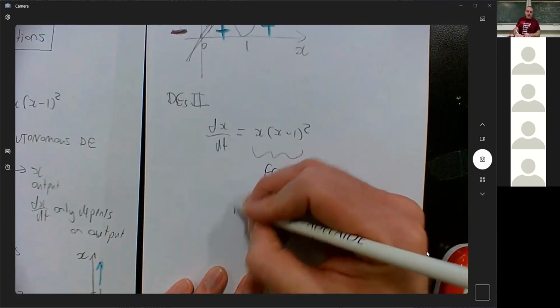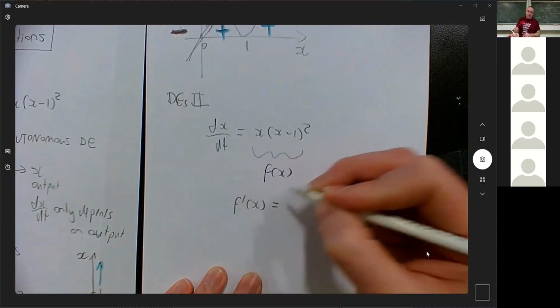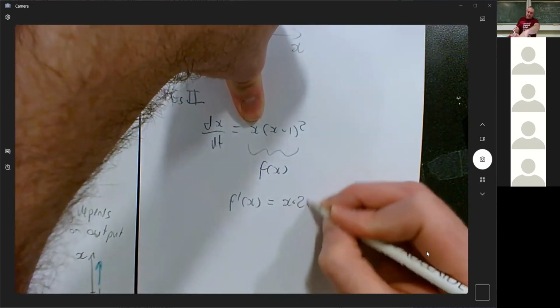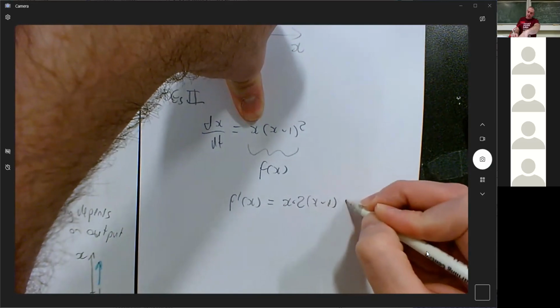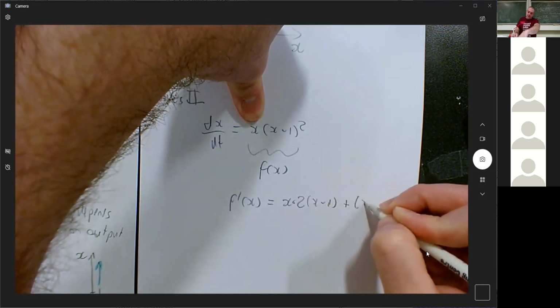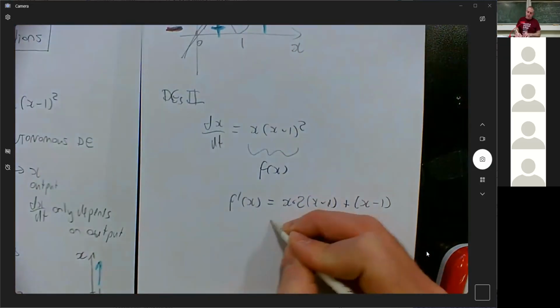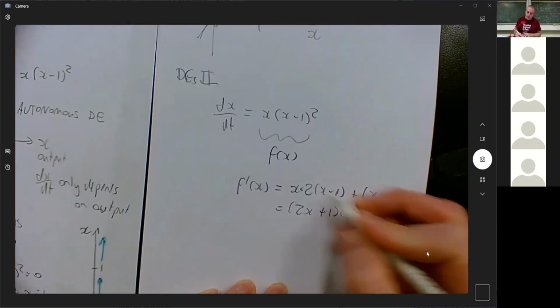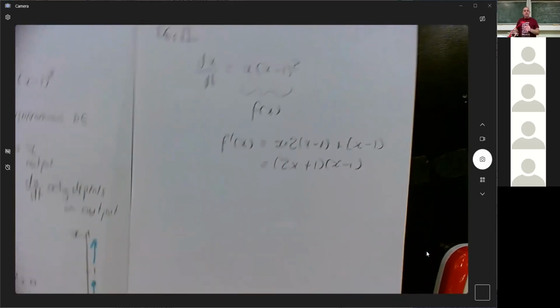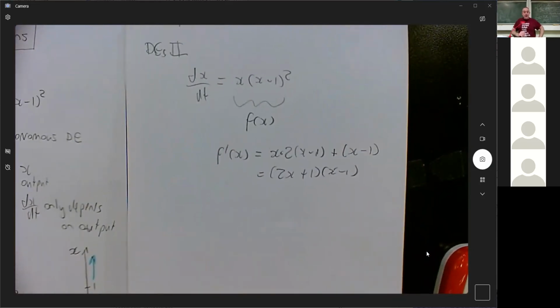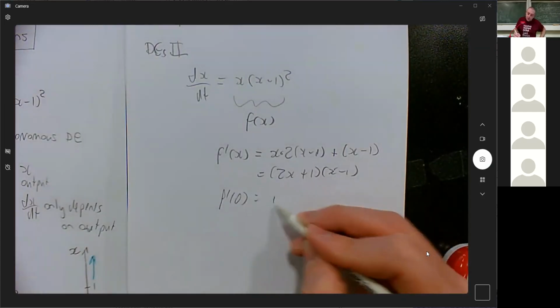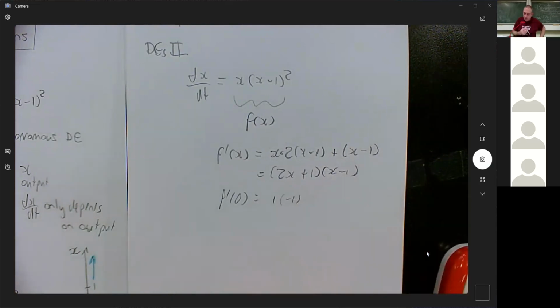And if we find out what f dashed of x is, keep the x, differentiate this, and then differentiate the x and keep this. Now, when x is 0, I get 1 times negative 1, which is not what it was supposed to be. What have I done wrong, people?